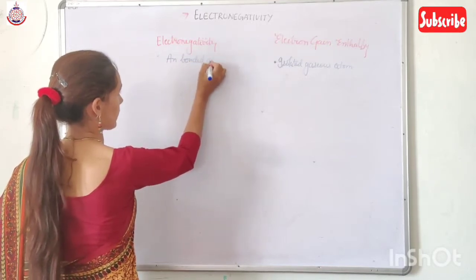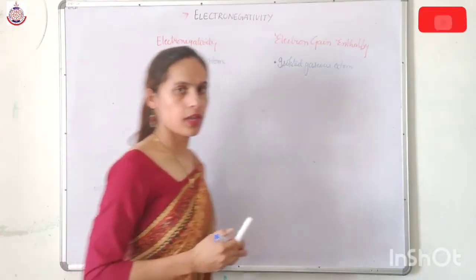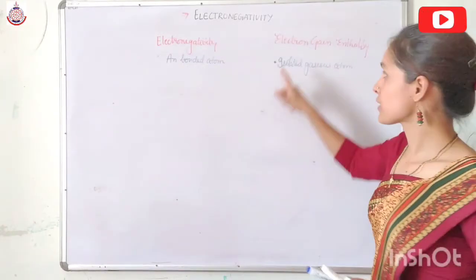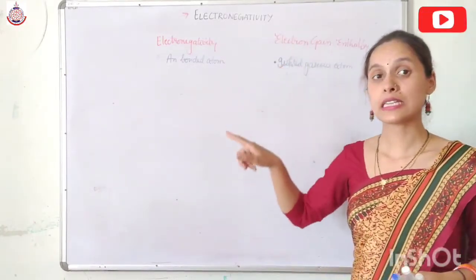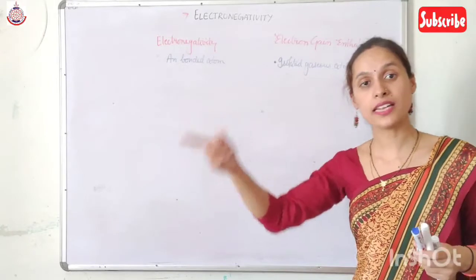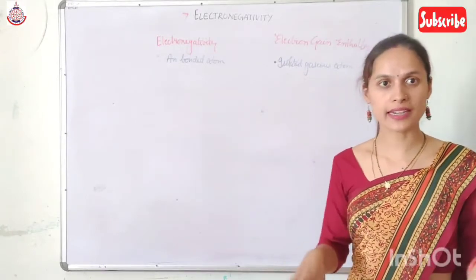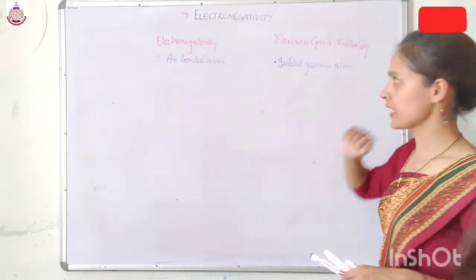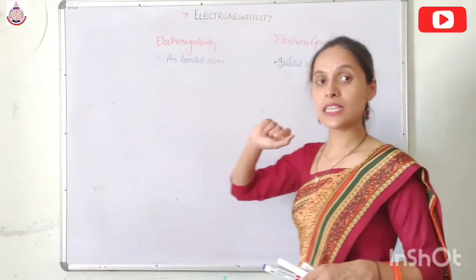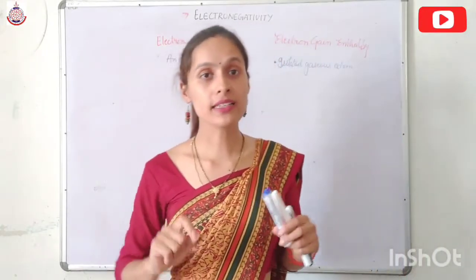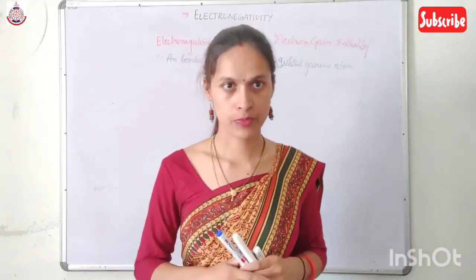We calculate electron gain enthalpy when the atom is separated from other atoms, when no one is around the atom. But we calculate electronegativity when the atom is bonded.